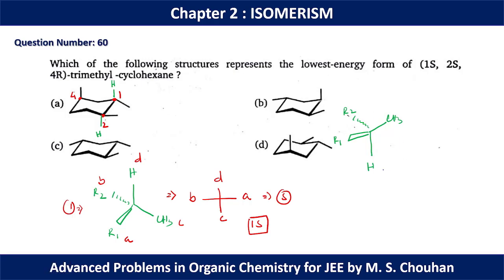It will become D, it is C, this is A, this is B. We can draw the Fischer projection which will look like this: A, D, B, C. Now A to B, B to C, C to A rotation, and the presence of D in the vertical position will make this position S. So for the second carbon also we have S configuration.